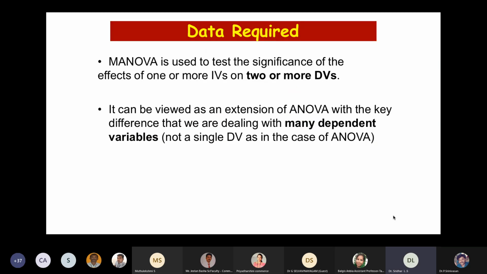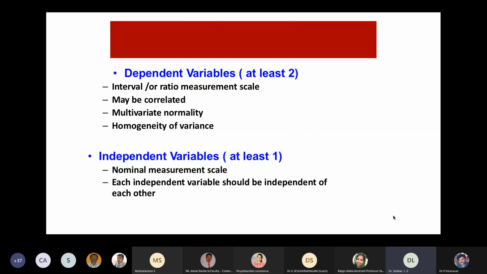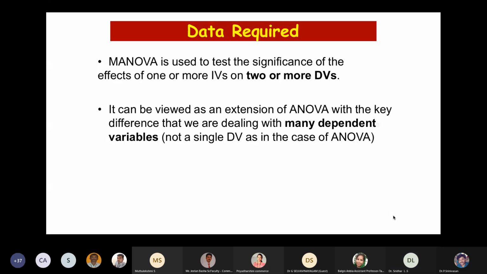Next slide, sir. MANOVA is used when you have two or more dependent variables. Generally, we have one dependent variable. When you keep more dependent variables, that is the scenario where you can use MANOVA, with many dependent variables, that is, more than one.